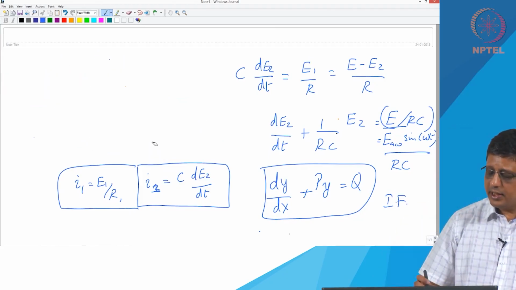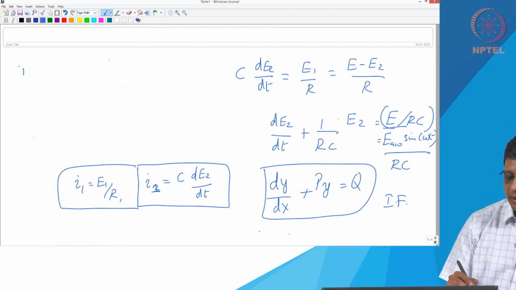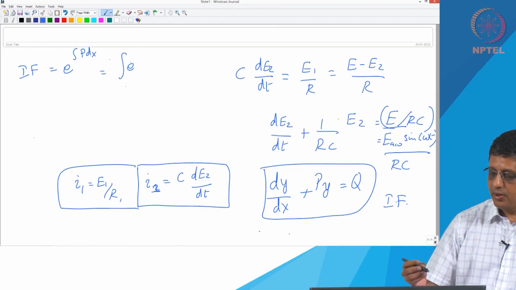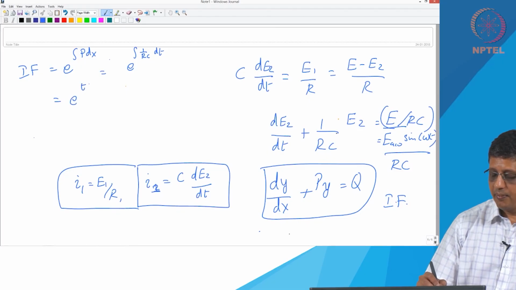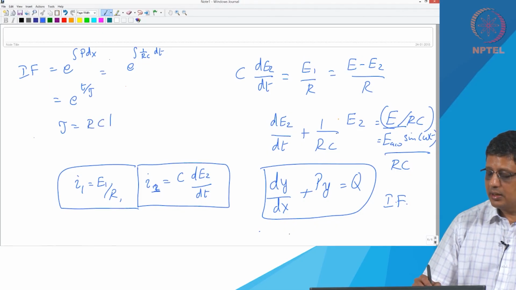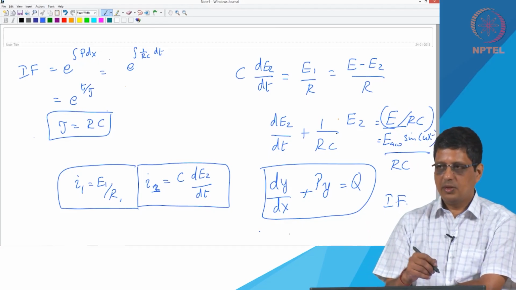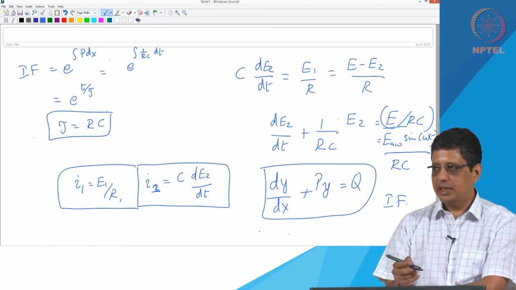When we use the integrating factor, we would write it as exponential. In this case, we will write it as, where we say a time constant tau is the product of R and C. It has the units of time, we call it as a time constant.